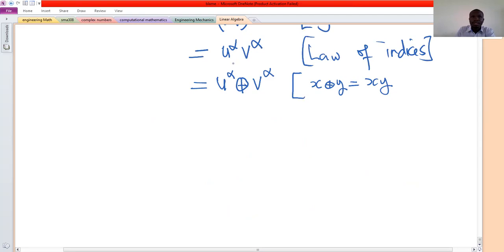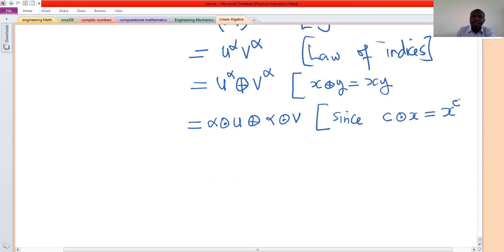So that's why from this step, you have this, and then that reduces to alpha times u plus alpha times v, since if you have any c multiplied by x, then the answer is always given by x raised to power c.